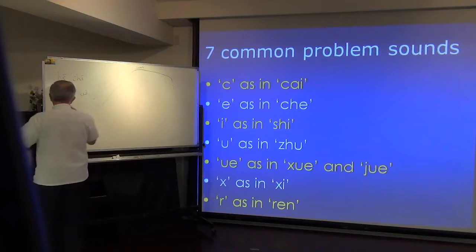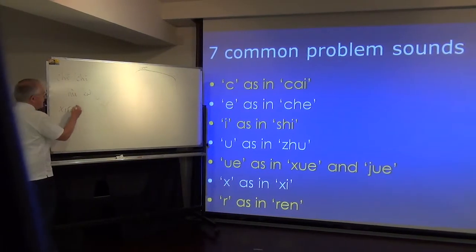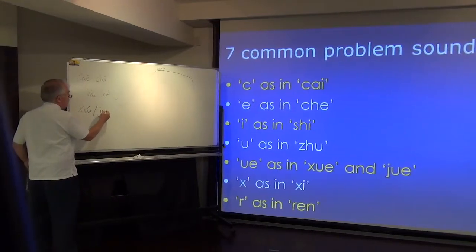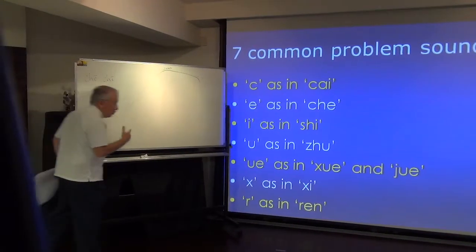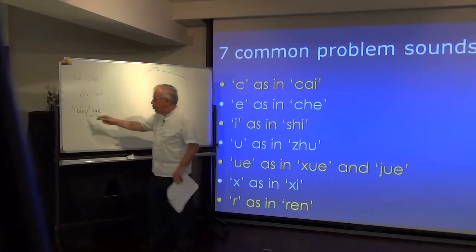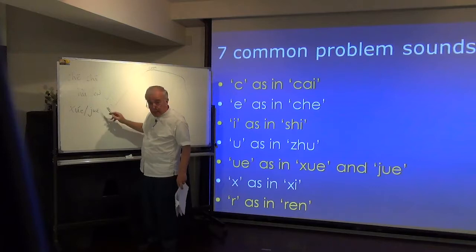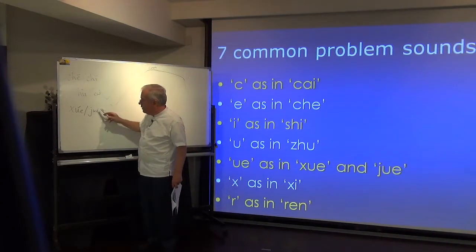You take the word 学 to study, or 觉 to feel, 我觉得. A lot of foreigners will say 我是随身 or 我觉得 something something. Now, what's their problem?